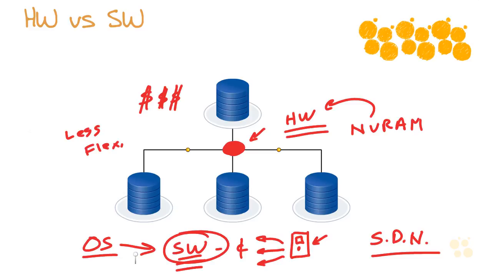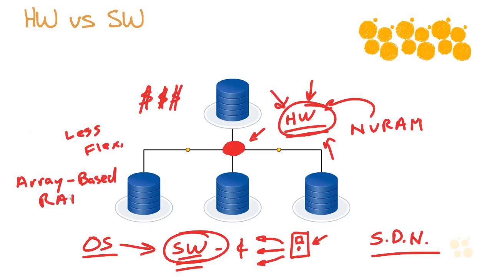Now, if we're going with the highest performance solution and we don't care about costs, we're looking typically at hardware RAID solutions, and really we're looking for oftentimes array-based RAID solutions. These are very sophisticated, very high performance. We talked about array-based storage earlier on in the CBT Nugget course.